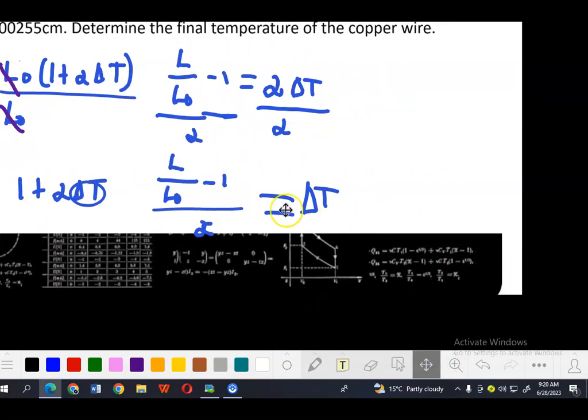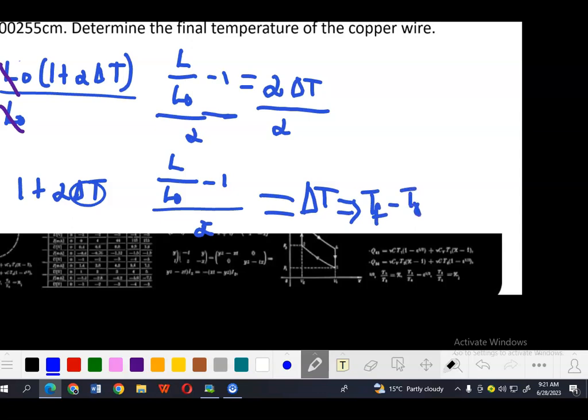So now that we have our formula for delta T, it will be good to ask what is delta T. We know that delta T is nothing but the change in temperature. So this delta T implies that we are looking for the final temperature minus the initial temperature, which is T naught.